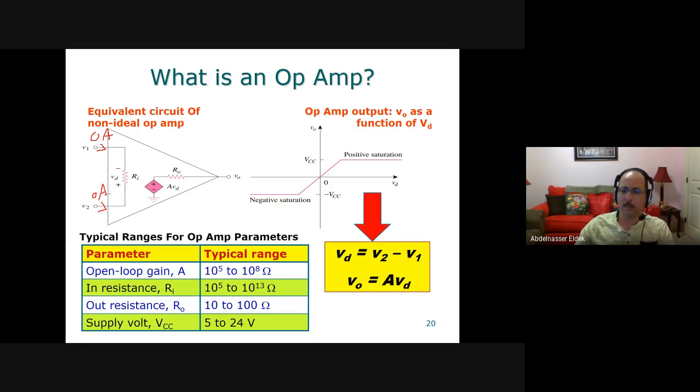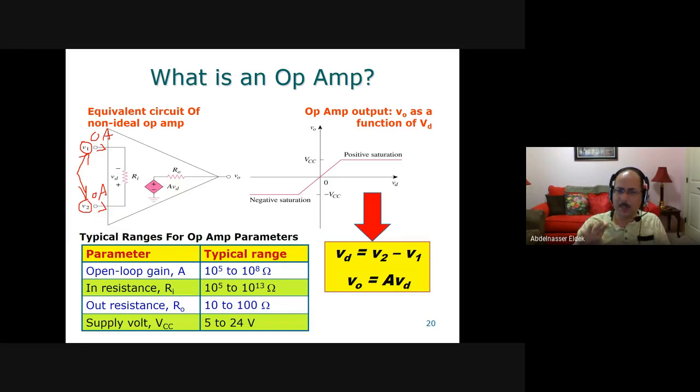So this will be number 1. To solve any problem in operational amplifiers, you assume that the input current is 0. Second thing is these 2 voltages here are the same. V1 here is the same as V2. This is all you need to remember to solve any operational amplifier problem: V1 and V2 are the same and the input current is 0.